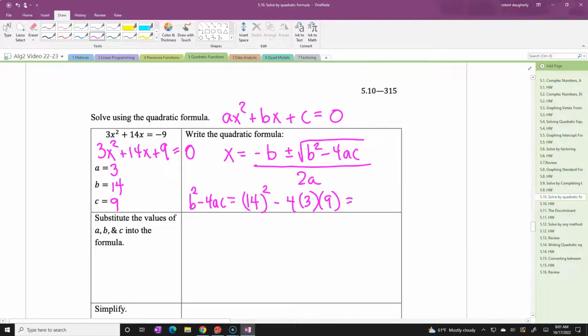That is 196 minus, what is 9 times 12? 108. So 196 minus 108. That's 88.